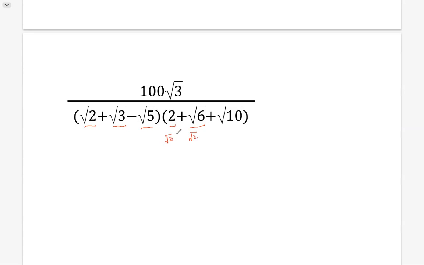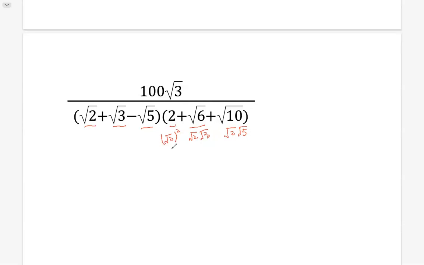So radical 2, so 2 is radical 2 squared, because we want to make relations out of those irrational numbers. Radical 6, we can think as radical 2 times radical 3. And radical 10, we can think as radical 2 times radical 5.